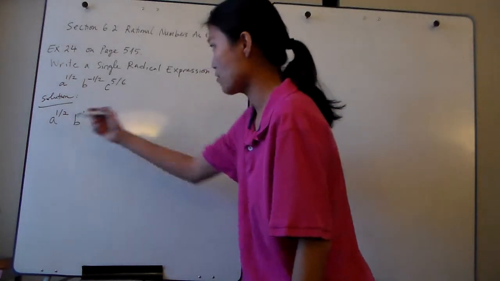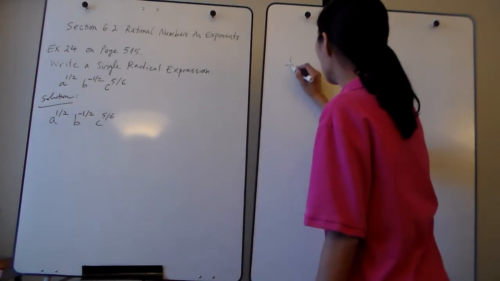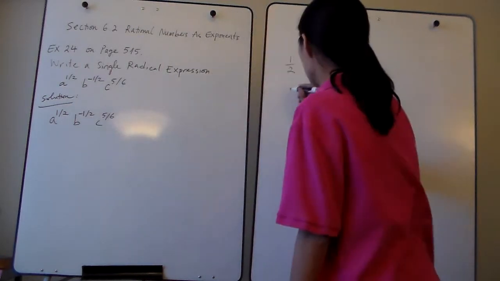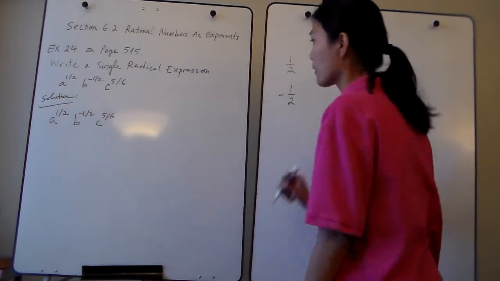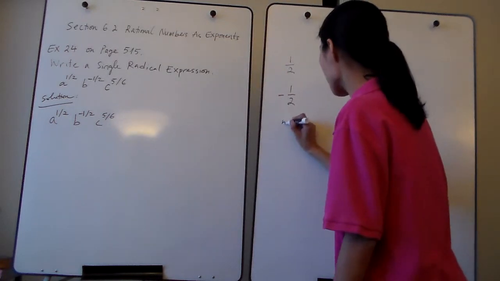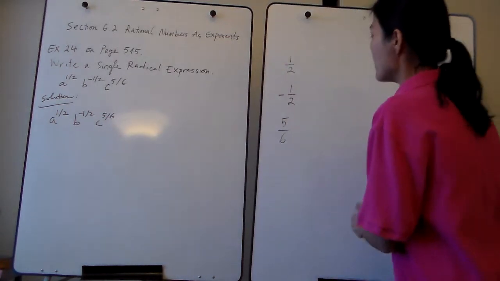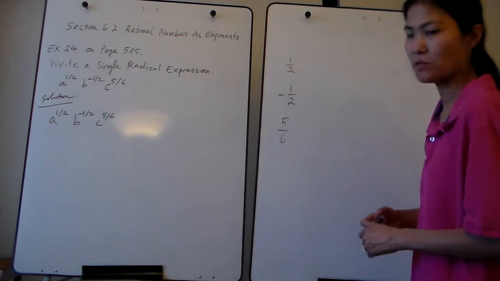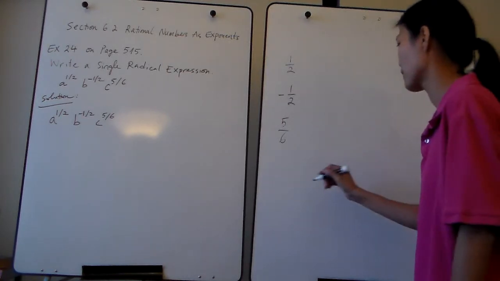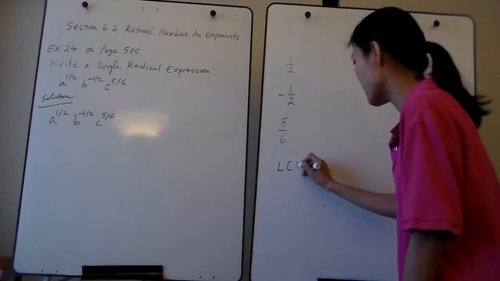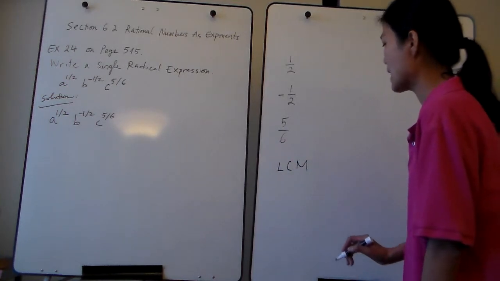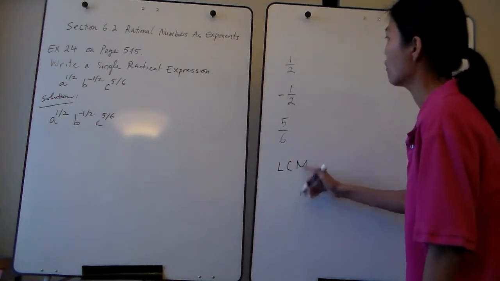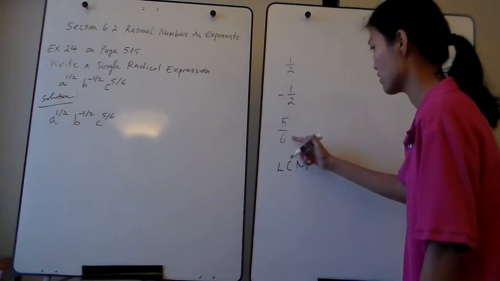So the first rational exponent is 1/2. The second is -1/2. The third exponent is 5/6. We need all these three exponents to have the same denominator, the LCD. To do that, we need to find the LCM of all the denominators, 2, 2, and 6.